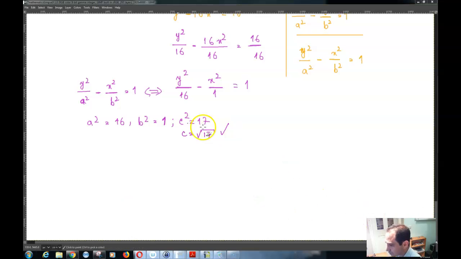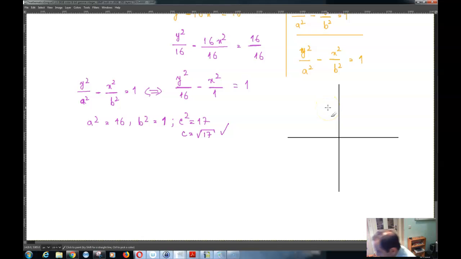So basically we said that when y squared becomes the positive term, not the major axis but the transverse axis, your foci and everything are along the y-axis.